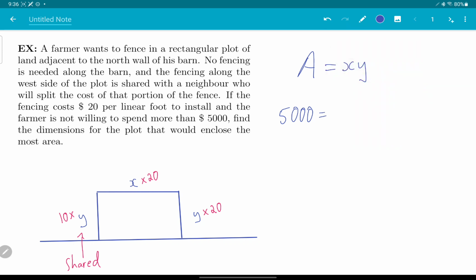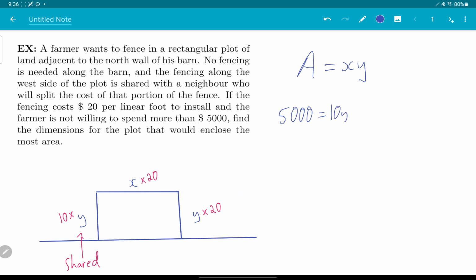So what is the total cost? Well, I add up these three things. I got 10y plus 20x plus 20y, because it's 20 bucks per foot, and in this case I have y feet.